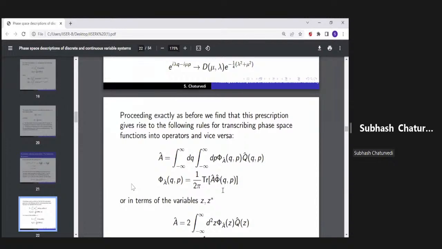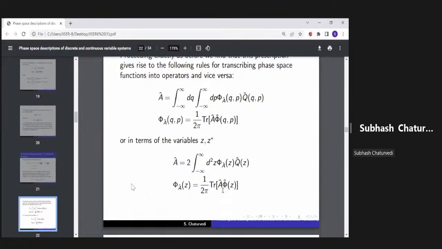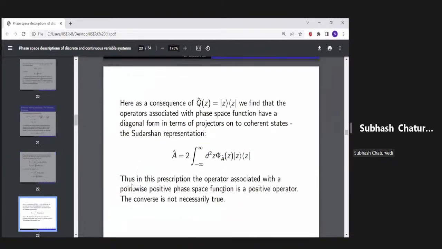So again, like the normal ordering prescription, this rule is not symmetric insofar as passage from phase space function to its operator is concerned, and the other way around. Again, you can rewrite it in terms of Z and Z star, and these are reproduced here.